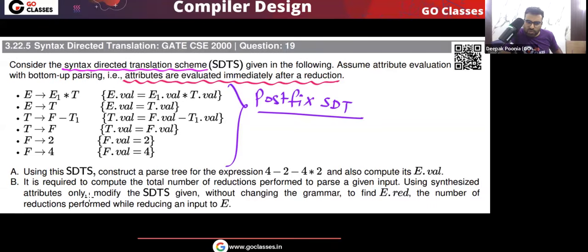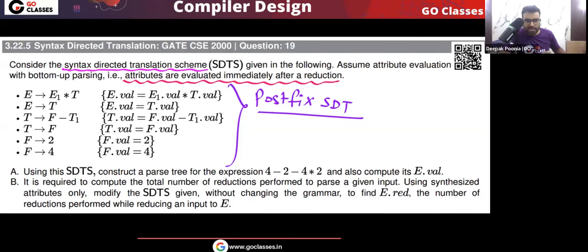Using synthesized attributes only, modify this SDT without changing the grammar to find E dot red. RED means reduction, that is, the number of reductions performed while reducing any input to E. Both the parts we will solve.